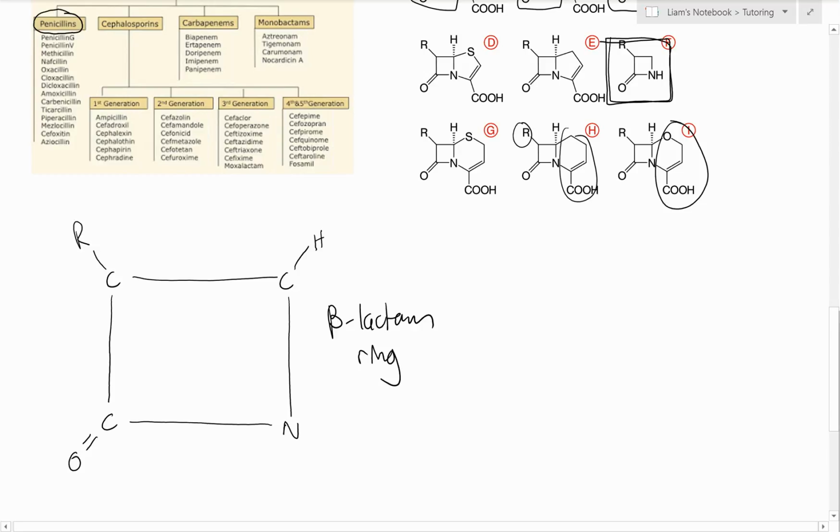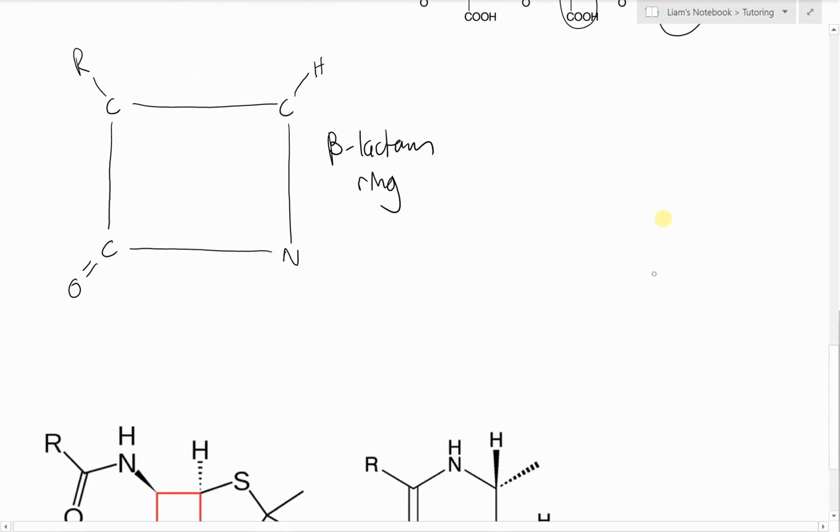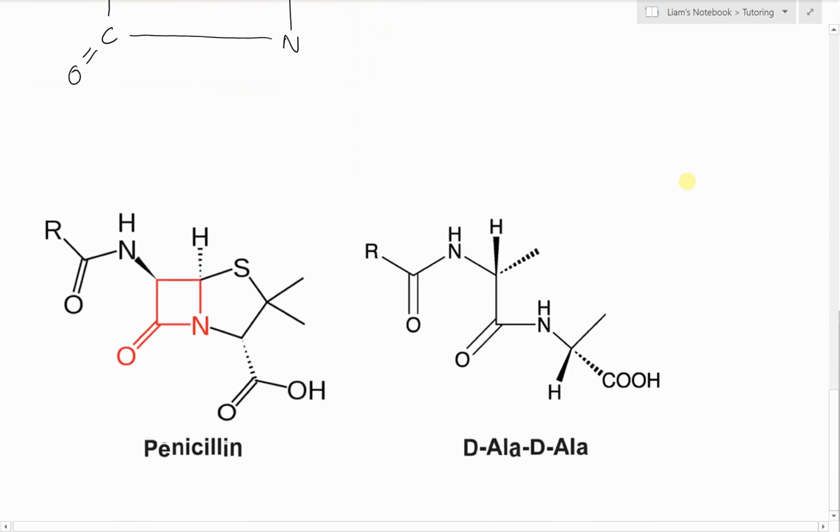The way that penicillins work is, if you remember from the previous video, I mentioned transpeptidases, those penicillin binding proteins. They're named penicillin binding proteins because they were actually discovered through studying penicillin. When we were trying to figure out how penicillin worked, we realized it was binding these proteins, so a better name to call them is penicillin binding proteins. The transpeptidase, you can see here, is what we said was responsible.